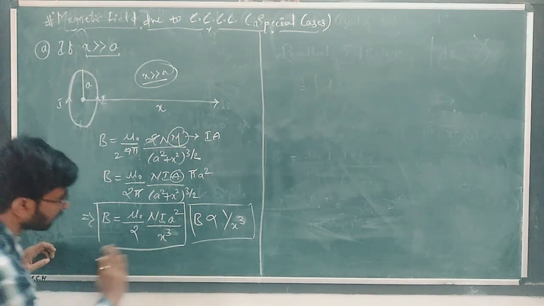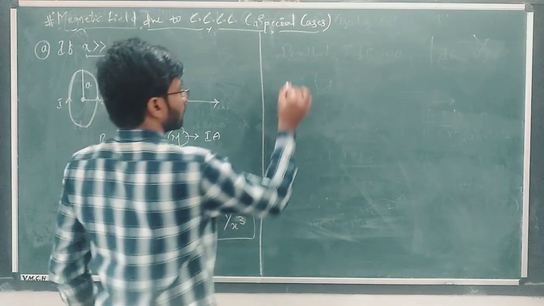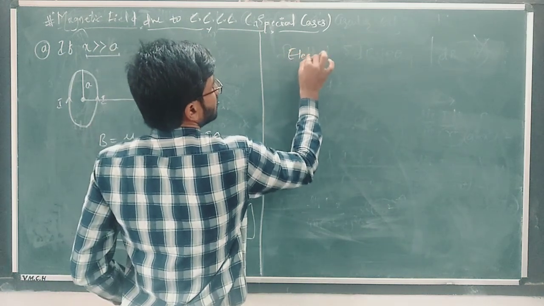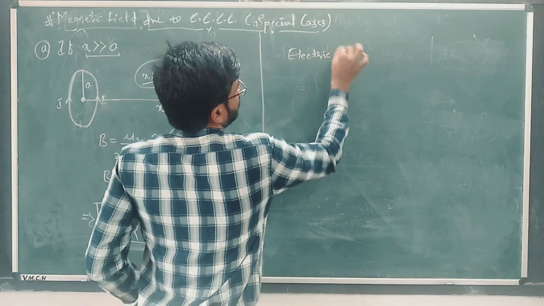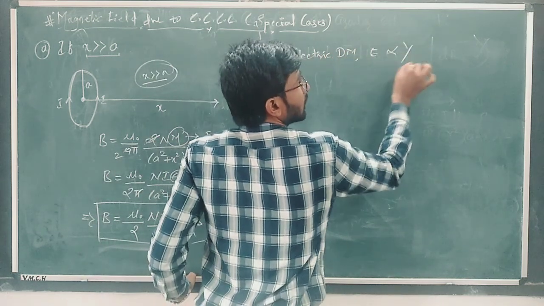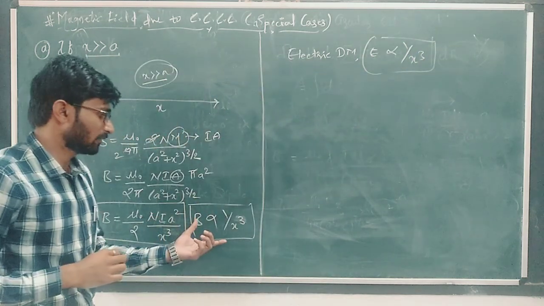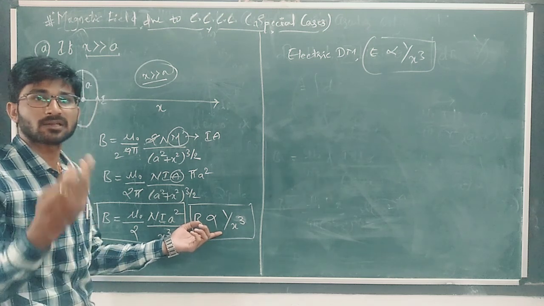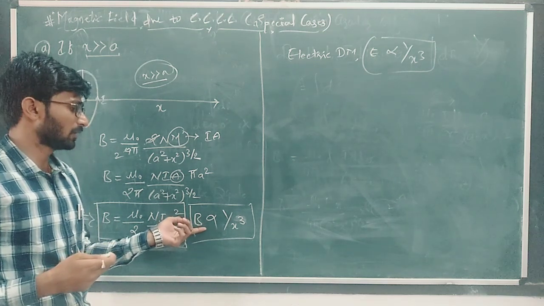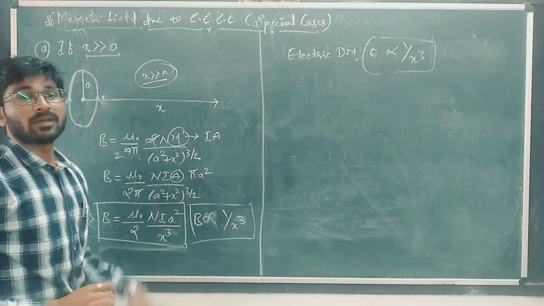How? For an electric dipole moment, we already know that E is inversely proportional to x cube. Similarly, when x is larger than a, we got B inversely proportional to 1 by x cube.